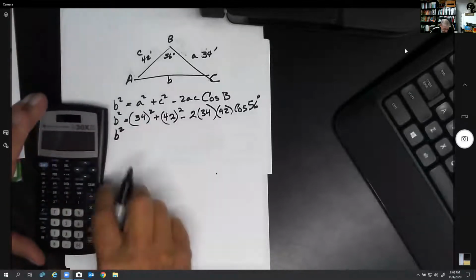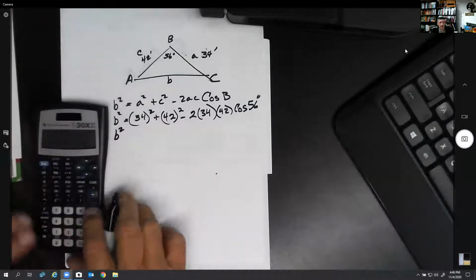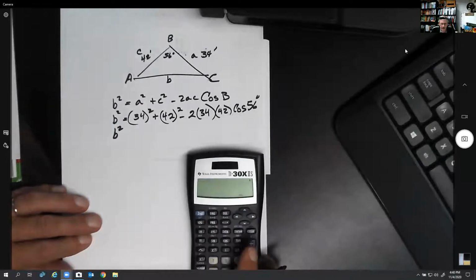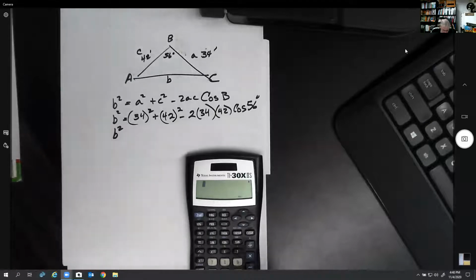B squared. Obviously, you need a calculator on this one. Where's the best place to put this? I think you can see it pretty good there. Okay, 34 squared.